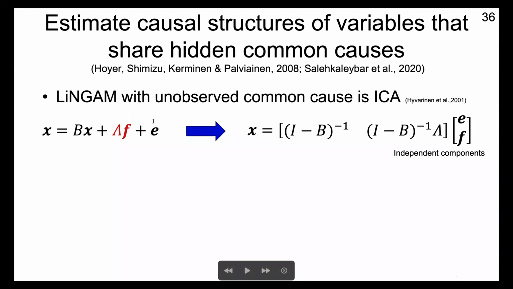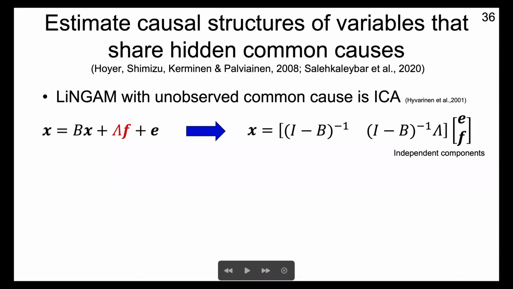And if we solve this equation for x, then we obtain this kind of independent component analysis model. This is because these error variables and hidden common causes are non-Gaussian and independent.